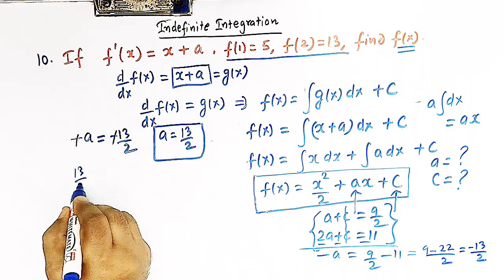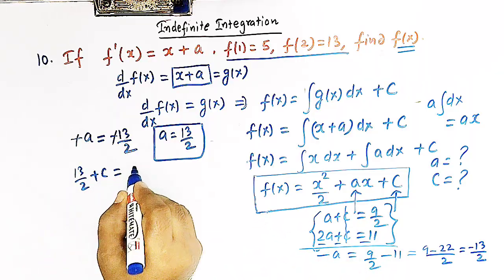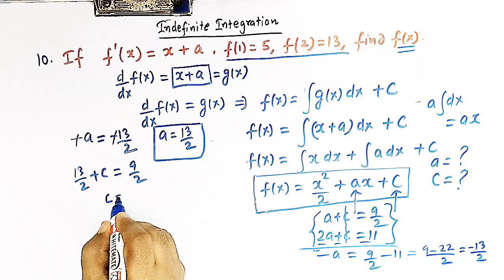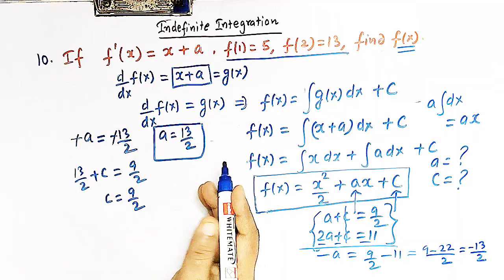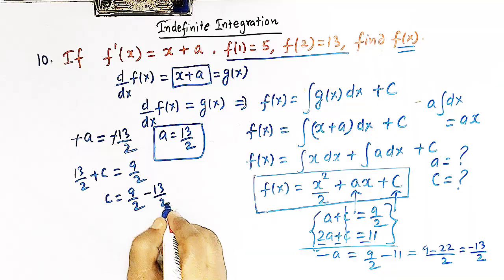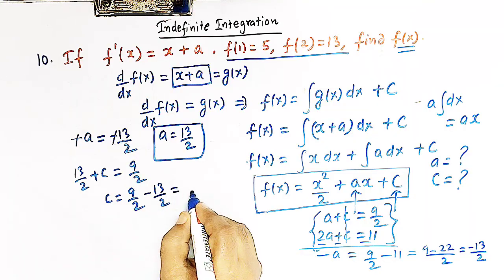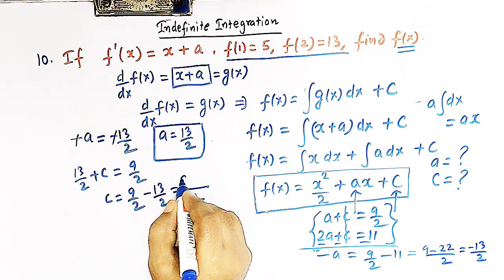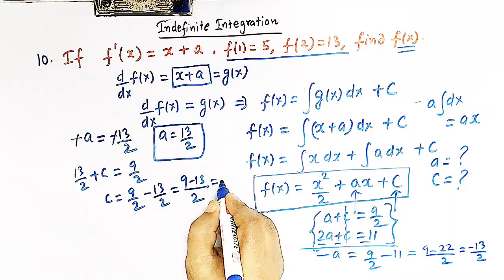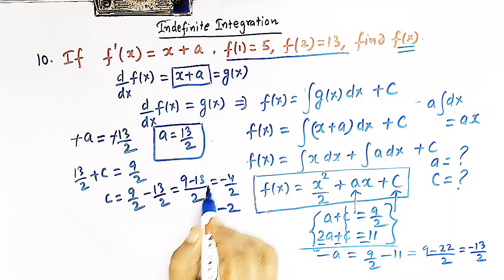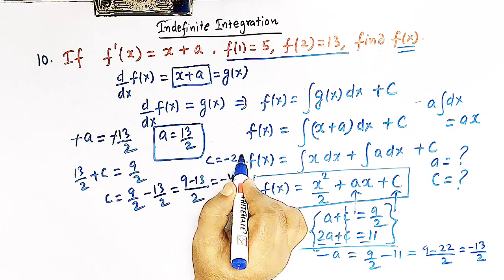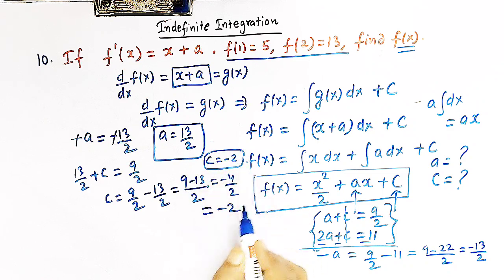So we have 13 over 2 plus c is equal to 9 by 2. Taking 13 by 2 to this side, we have 9 by 2 minus 13 over 2. So here we have 2, then 9 minus 13, that is minus 4 over 2, that is minus 2. So the value of c is equal to minus 2.